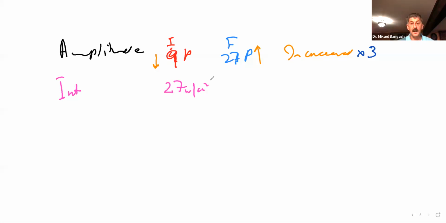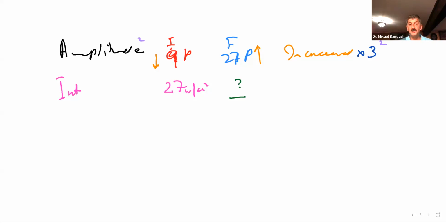Clear, and they're still asking what is your final intensity? Before getting answers, what you do with this: the amplitude increases 3 times, but this needs to be squared.